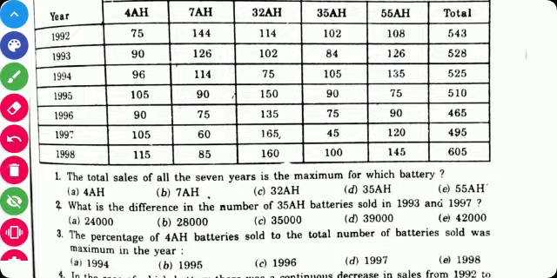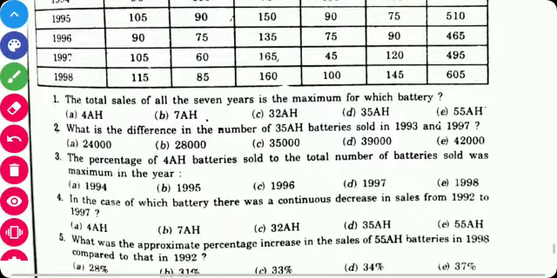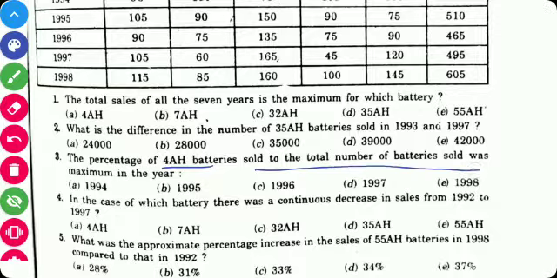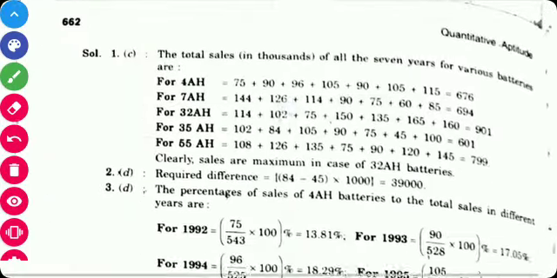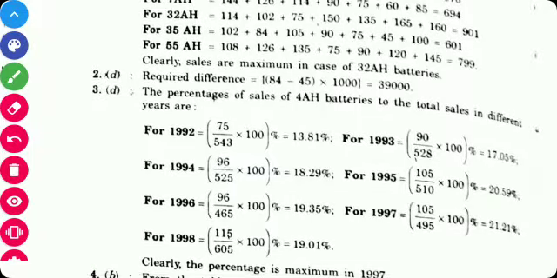Okay, next question is, the percentage of 4AH batteries sold to the number of batteries sold was the maximum in the year. What we have to do is find out the percentage of 4AH batteries against the total number of sold batteries. So see here, for 1992 the 4AH battery sold is 75,000 and the total is 543.